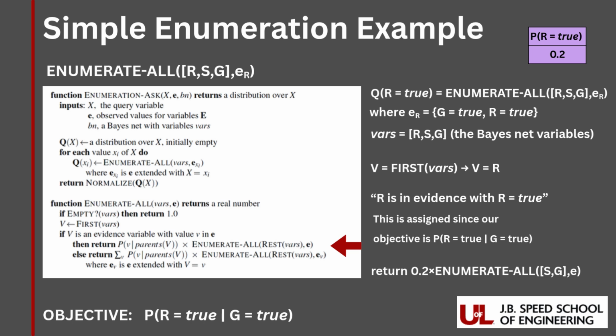All right, meaning that it is part of our problem, so we're going to assume that it's true. And now the probability that it rained being true is 20%. And so now we'll set this equal to 0.2 times enumerate all of the remaining variables.